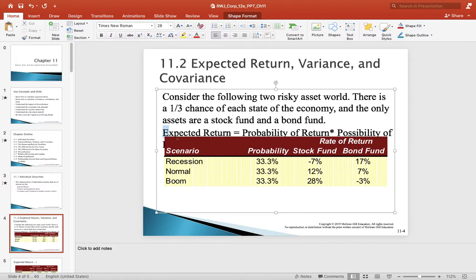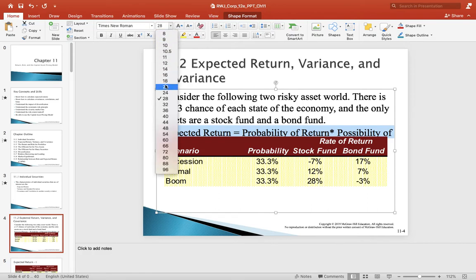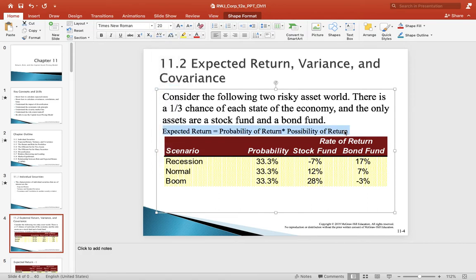So anytime expected return is being asked, if probabilities and possibilities are provided, you can calculate the expected return by multiplying the probability of return by the possibility of return.